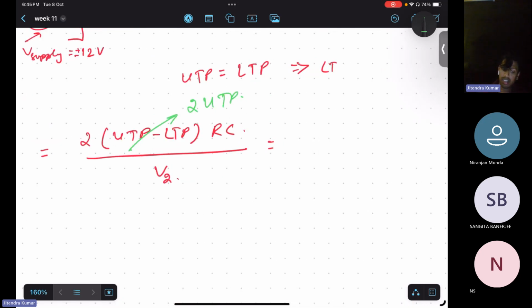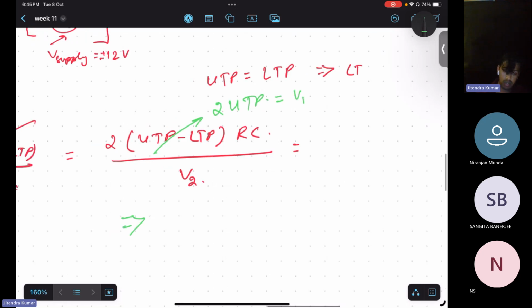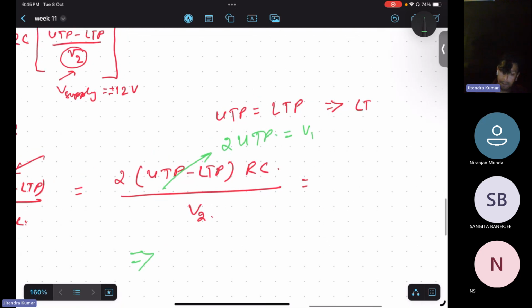Now the relationship between UTP and V2 we have calculated, right? So UTP is nothing but V1 peak. Till this point it is fine. Yes, sir. So 2 times V1 peak.